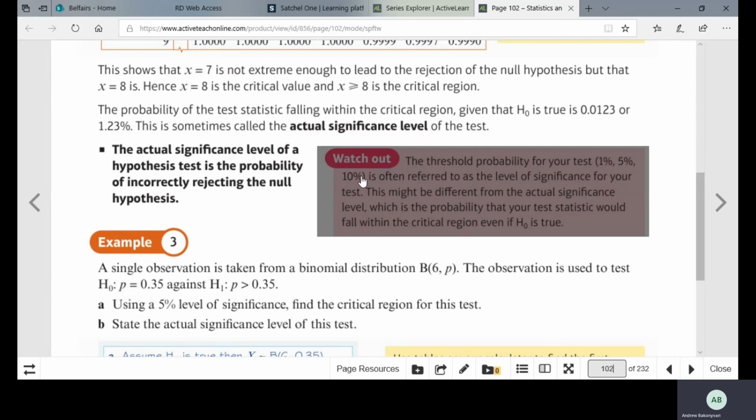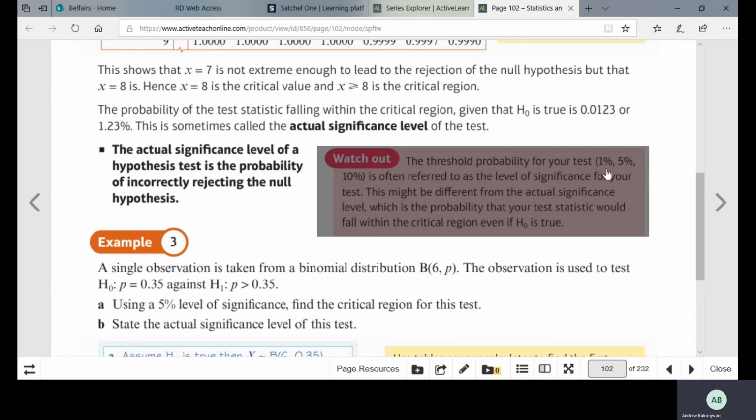So we're probably going to be a bit harsher on the null hypothesis because there's more of a chance of something falling within the 10% region. A 1% is actually allowing the null hypothesis quite a bit of wiggle room. We're allowing quite a lot of values to fall within the acceptance region of the null hypothesis. And then 5% is somewhere in between. 5% very typical, 10% probably the second most.